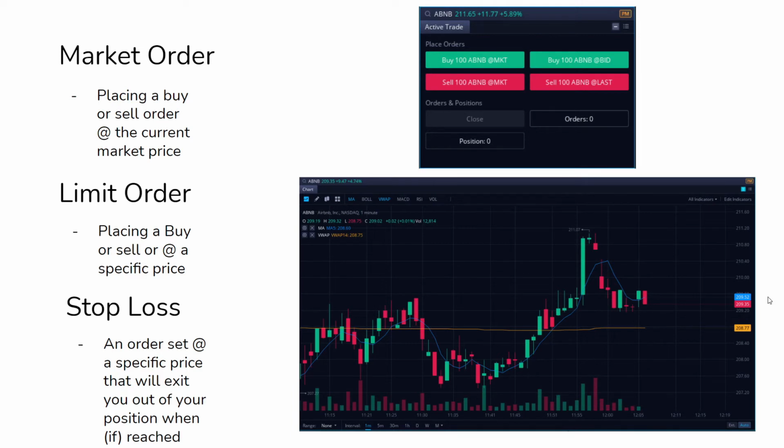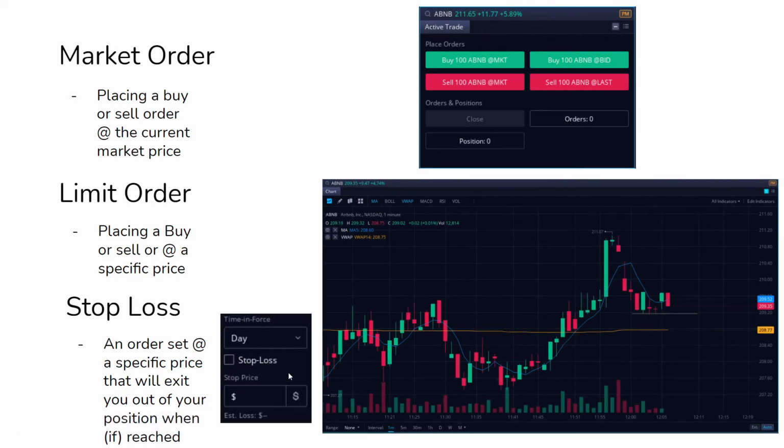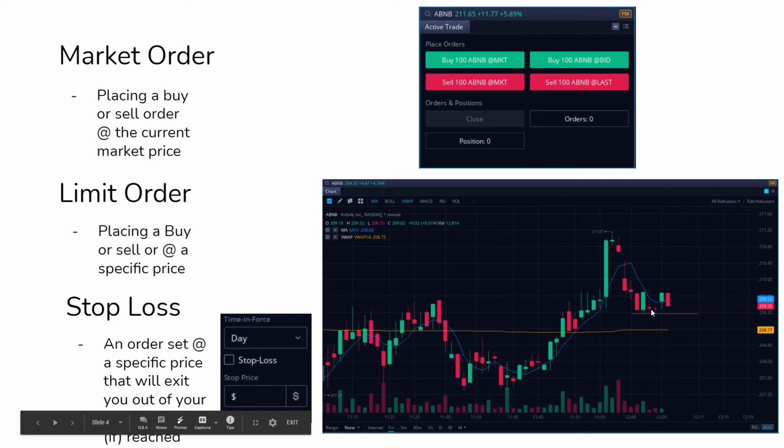So it'll automatically take you out of your position if the stock starts to fall dramatically, and dramatically based on your risk tolerance.